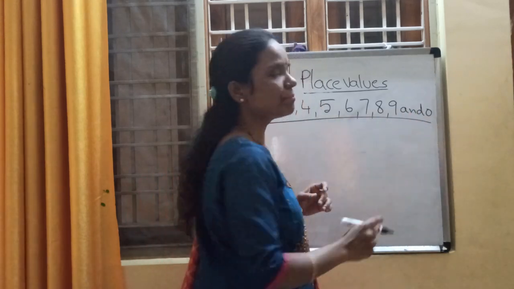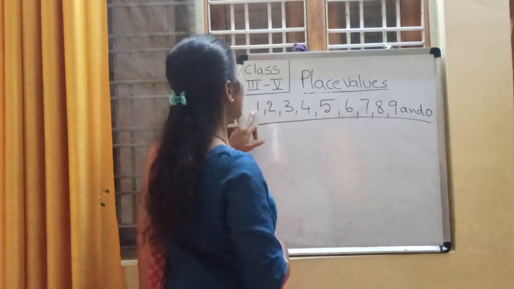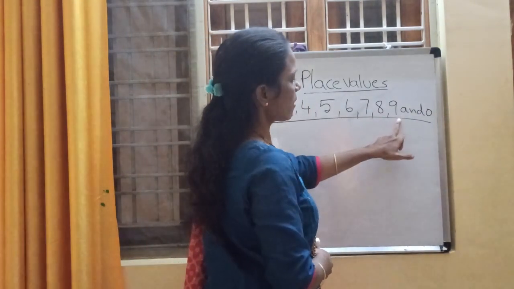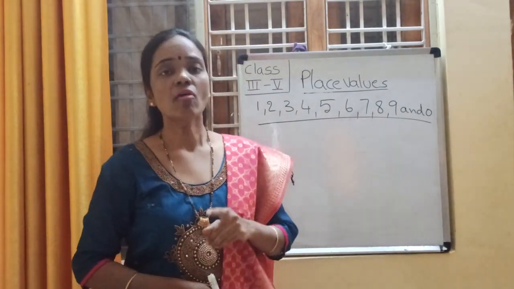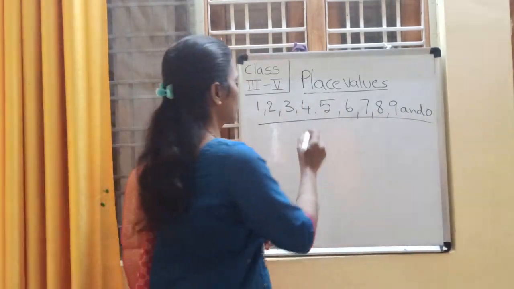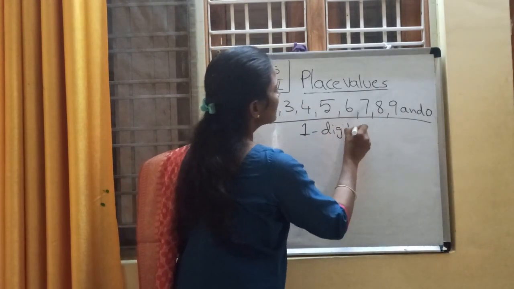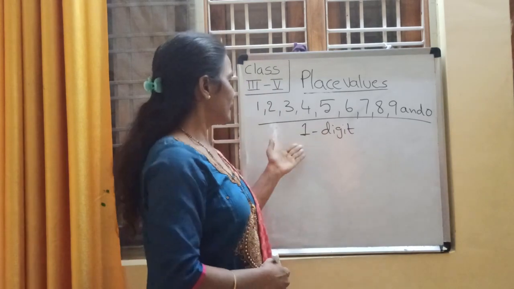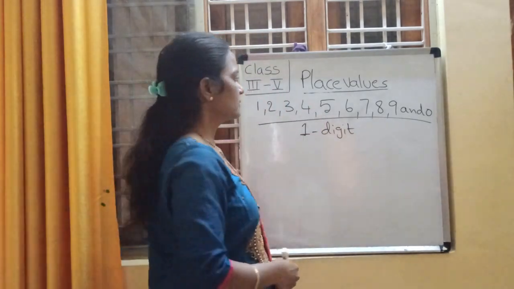All these numbers are one digit numbers, from 1 to 9 along with 0. Children, tell me, here which is a bigger number and which is a smaller number?